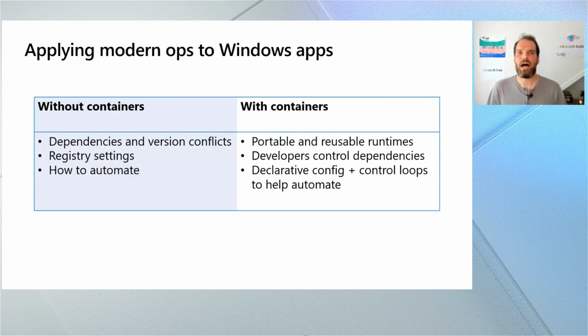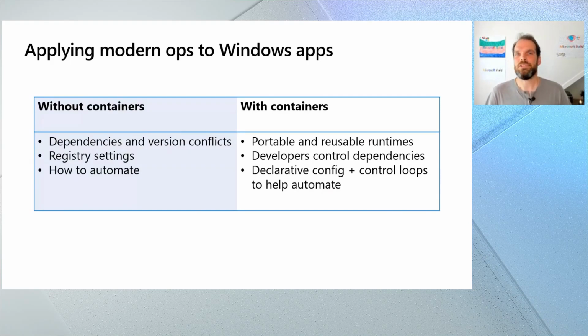So what does it mean to apply modern operations to Windows applications? Well, if we take a look at what a lot of customers are doing today to operate Windows applications, consider a scenario where you need to host multiple applications, maybe from different development teams or even different suppliers on the same set of servers. You need to deal with things like dependency and potential version conflicts that you can have from having multiple applications there. You also need to deal with registry settings and how to automate things like scaling and rollout of these applications.